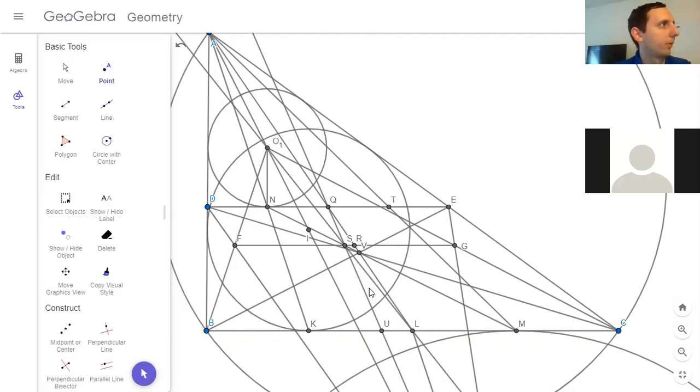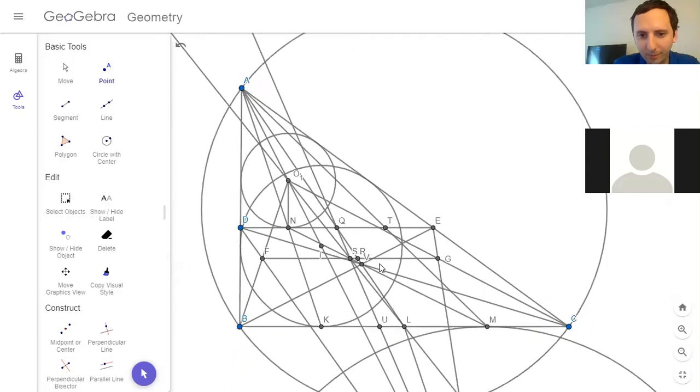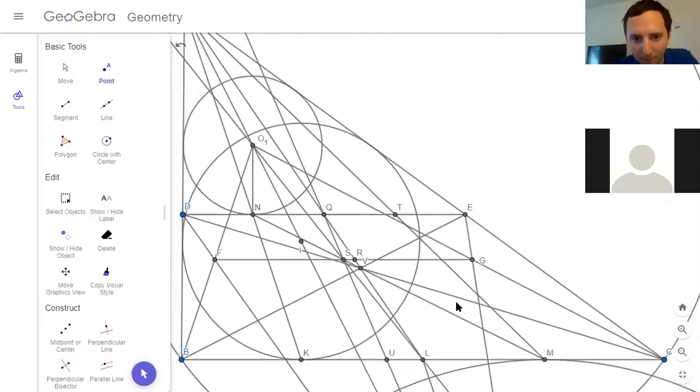Okay, this is a little bit tricky. So one more minute, and then we're going to finish for today. But yeah, I feel like we were very close on this one.